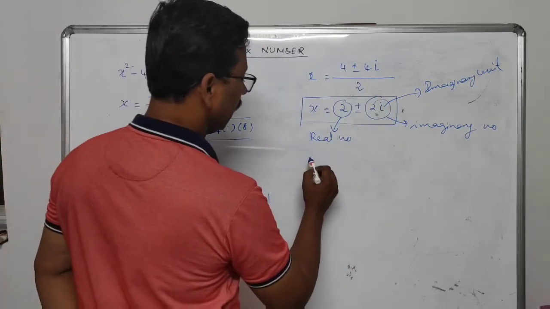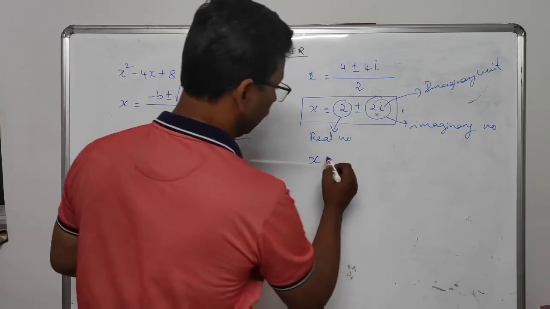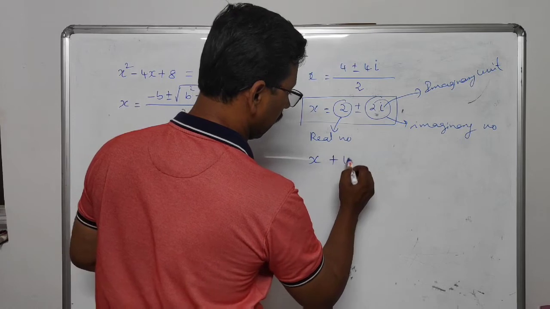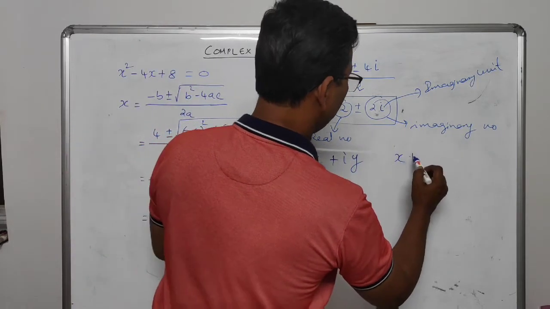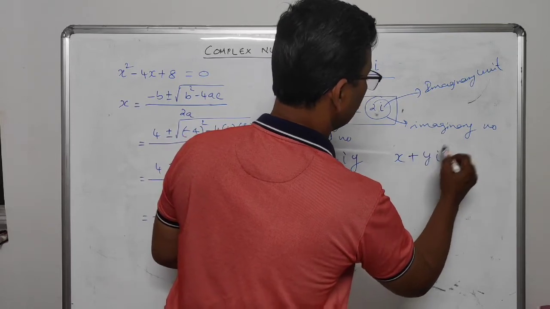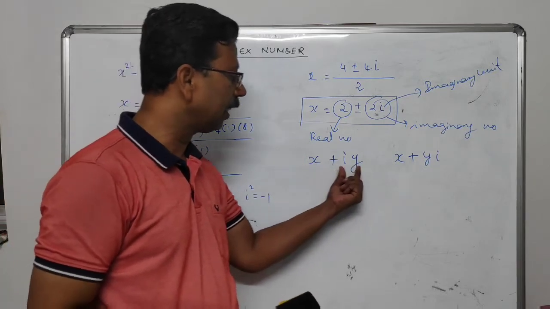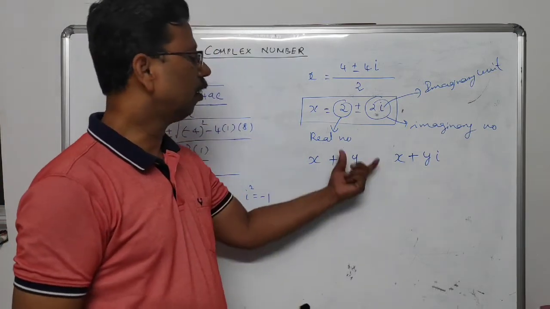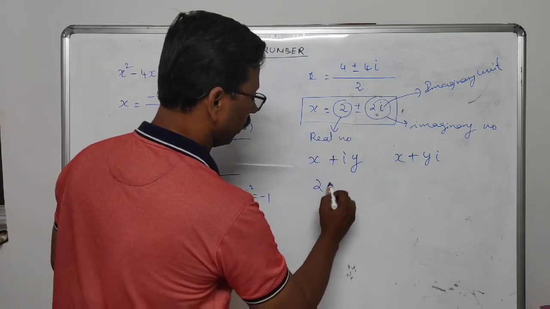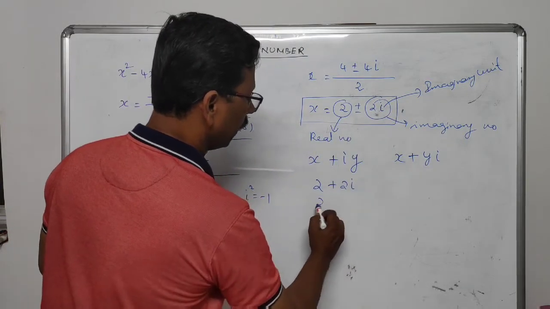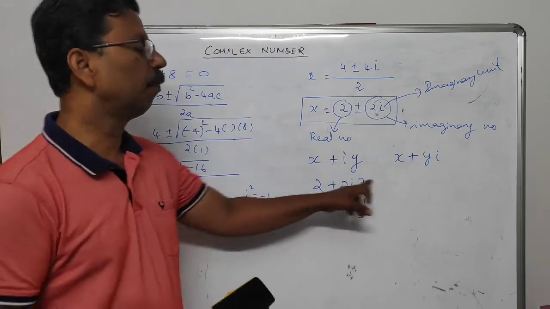That is, any number of the form x plus iy or x plus yi, a combination of a real number and an imaginary number, is called a complex number. Therefore 2 plus or minus 2i means 2 plus 2i and 2 minus 2i. These two are called complex numbers.